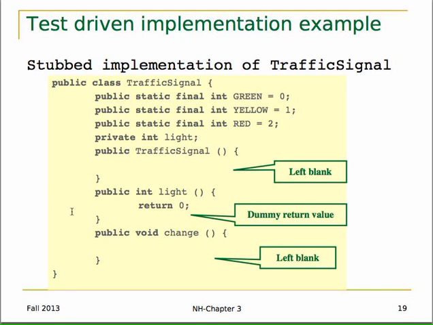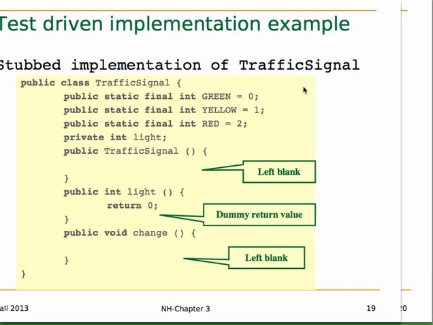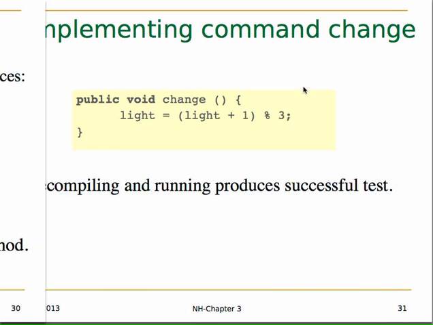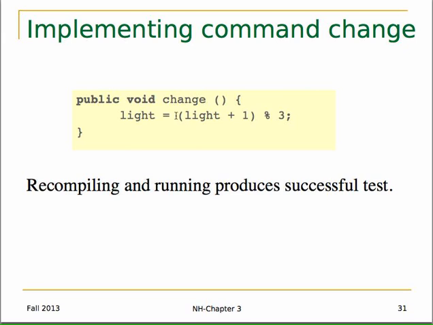We have to change the light data member, whatever it is. You want to add 1. But if you just add 1, that's not good, because every time you change, it'll just increase the value in light, and it'll go from 0 to 1 to 2, and then 3 has no meaning really. You really want it, instead of going to 3, to go back to 0. There's a nice handy way of doing that, and the answer is not just light plus 1, but light plus 1 modulo, or remainder, 3.